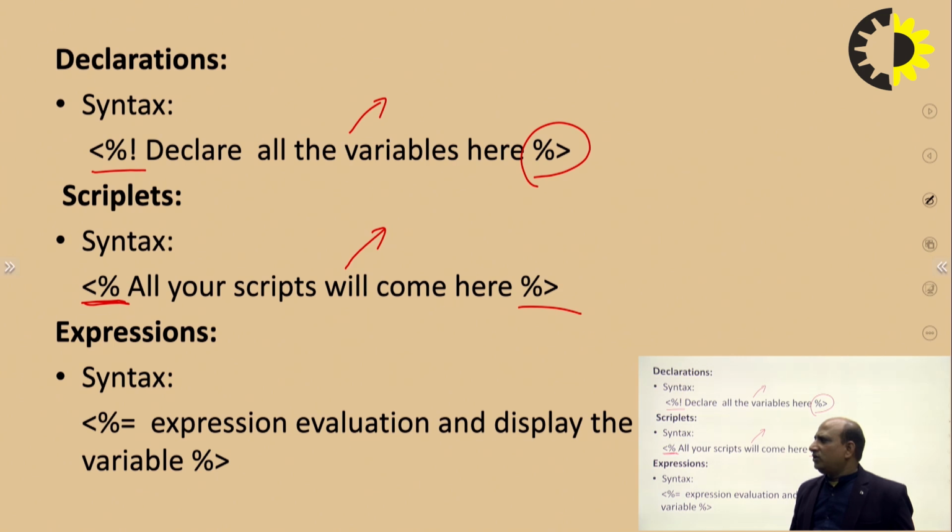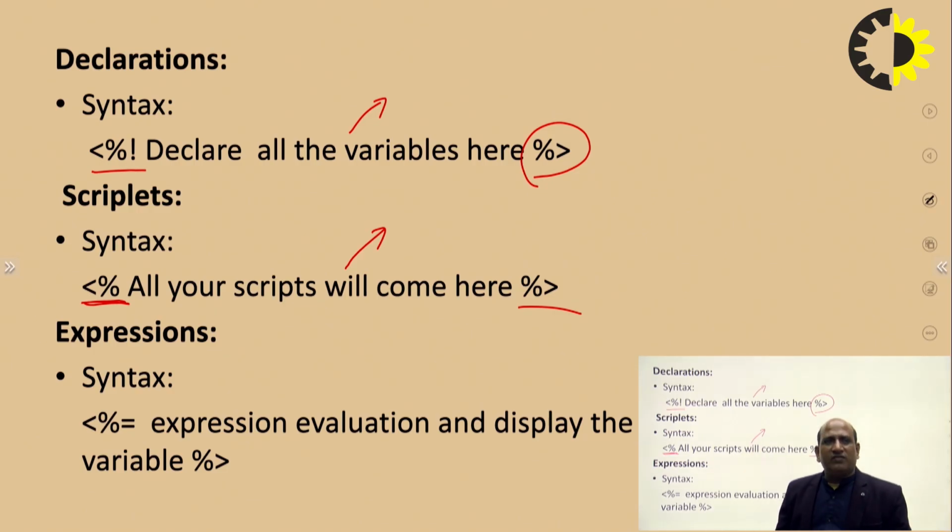And whatever code you have written in the scriptlet tag will be written within the service method, within the doGet or doPost method, because the service method inherently calls doGet or doPost. So code in the scriptlet tag is written within the service method body, and code in the declaration tag is written outside the service method body.